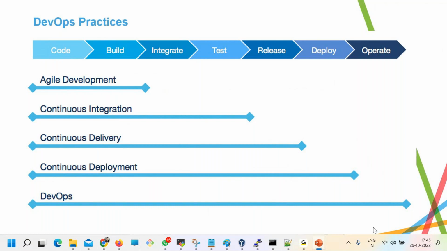That's the mindset. And then build the culture of the team. There should be one team, not multiple teams. That's the mindset, that's the culture. And after that, implement the CI, CD, delivery, and deployment with the help of multiple tools. And DevOps will be implemented at the same time.